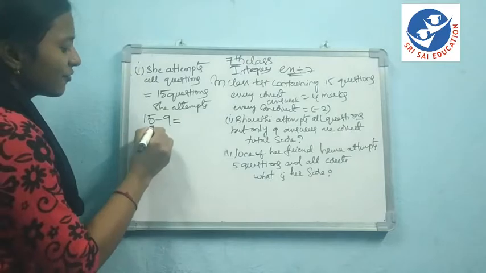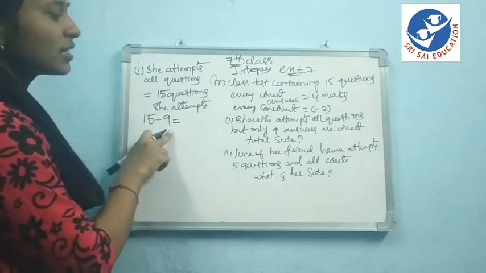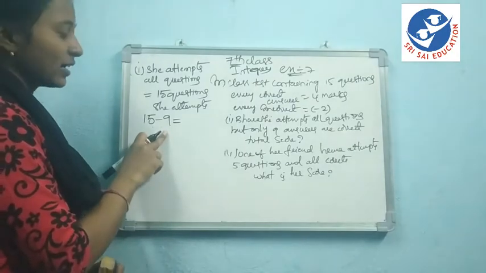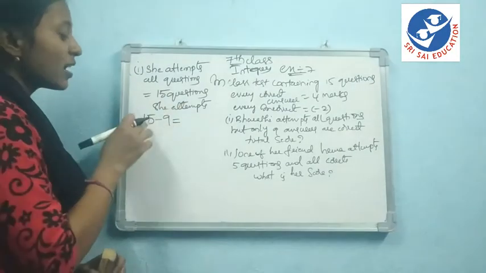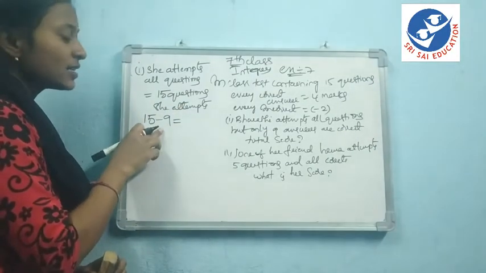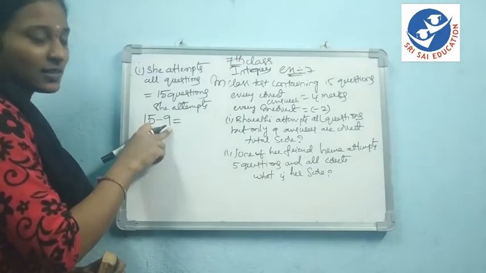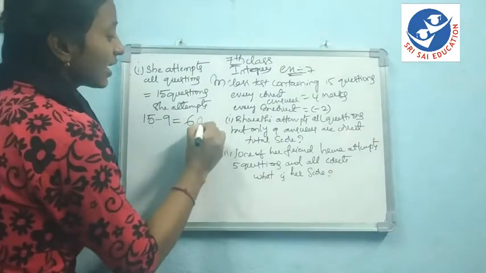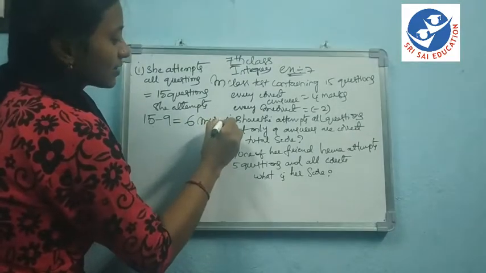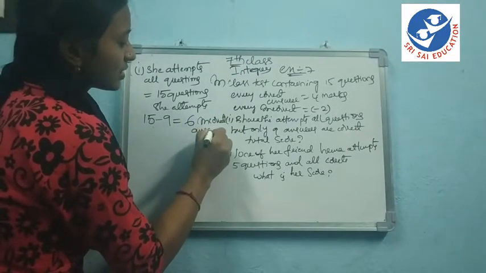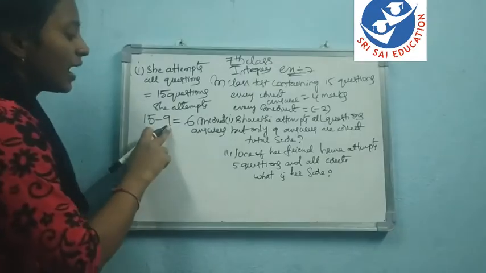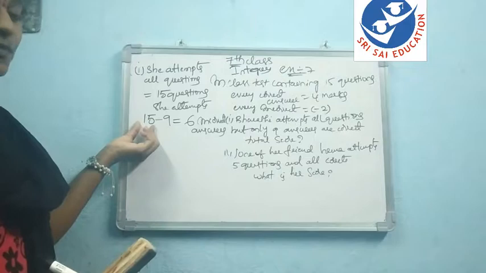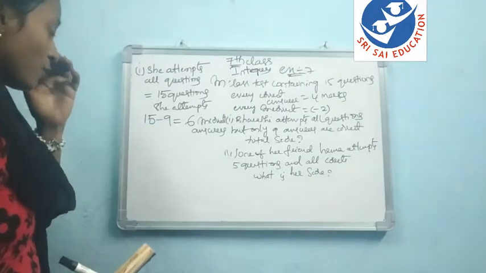Total questions 15, 9 answers are correct. Incorrect answers means total questions minus correct answers, so we get 6. She has 6 incorrect answers and 9 correct answers. Then 9 plus 6, she attempts 15 questions.